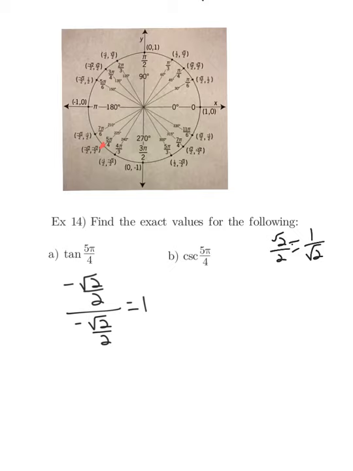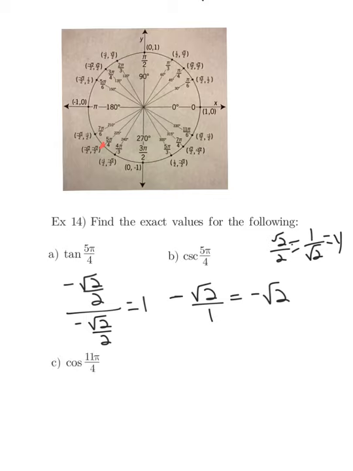So this is the y value, 1 over square root of 2. We want the reciprocal of that for cosecant. So the cosecant will be the square root of 2 over 1. We are in the third quadrant, so that is negative. So our answer is negative square root of 2.